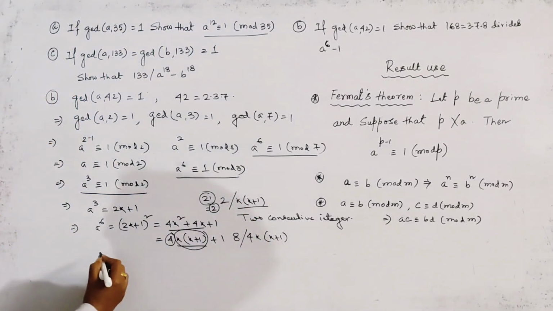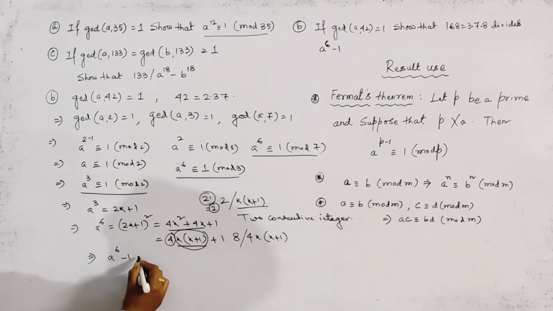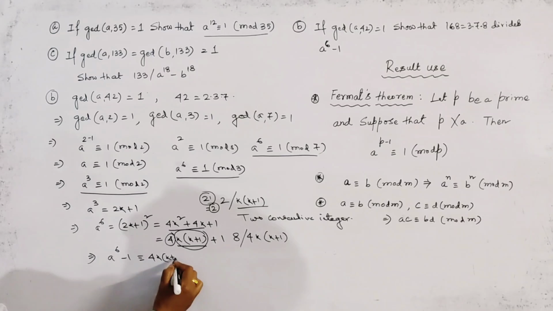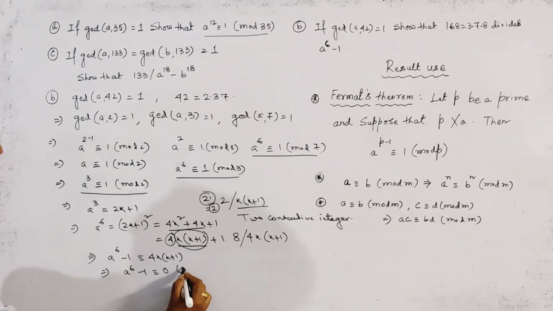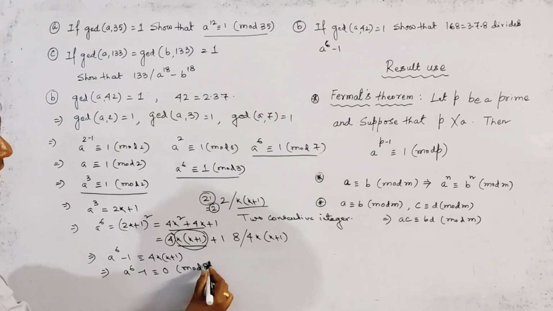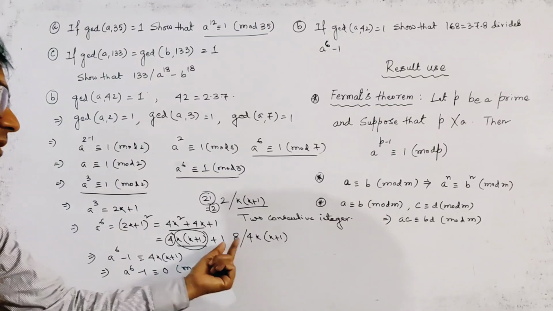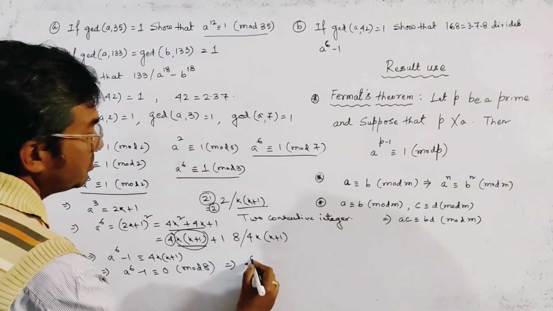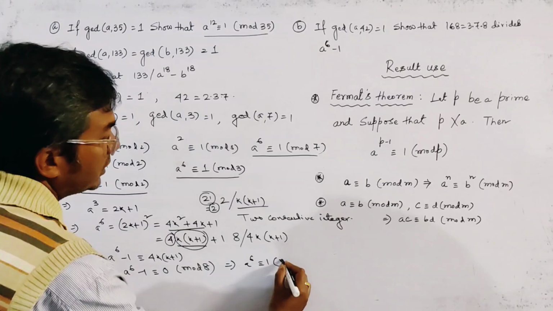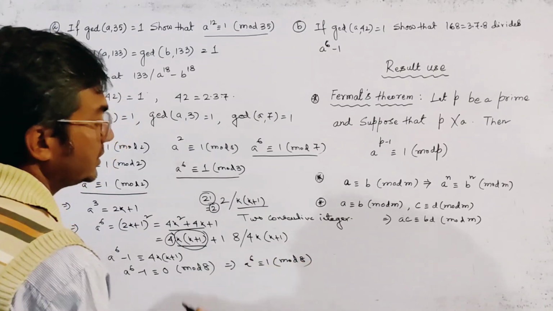So we write the result as a to the power 6 minus 1 is 4k into k plus 1, and this can be written as a to the power 6 minus 1 congruent to 0 mod 8, because this term is divisible by 8. And this result gives a to the power 6 congruent to 1 mod 8.